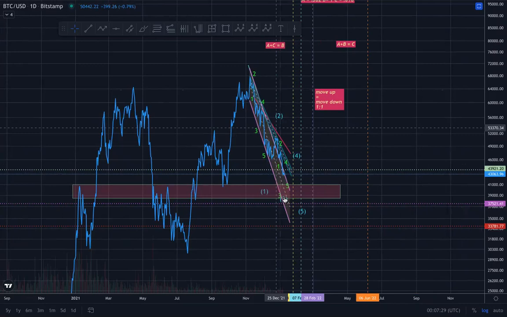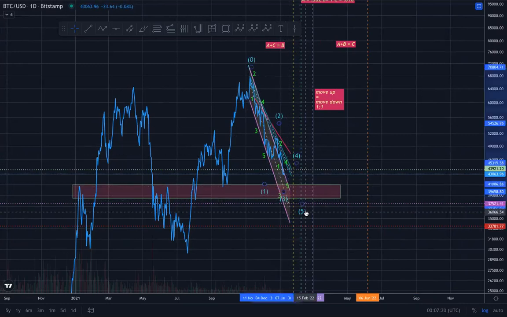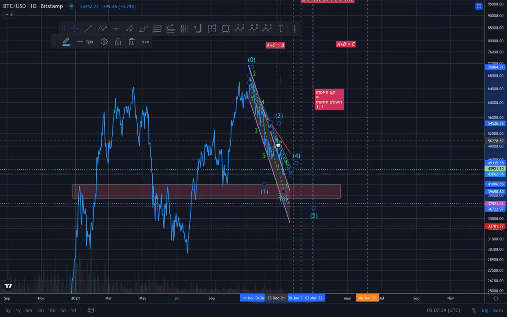Now, the other option is maybe it goes 61.8%, which is this zone. 61.8% of the one is the three wave, but then maybe the five wave is also going to go beyond that. And in that case, we'll take 38.2% of the move of the first wave and see what that does. And we'll also take 61.8% of the third wave.